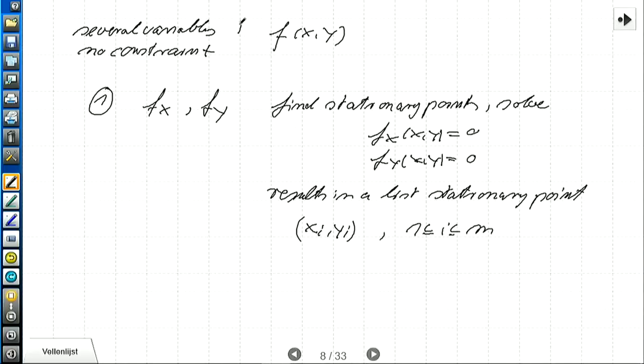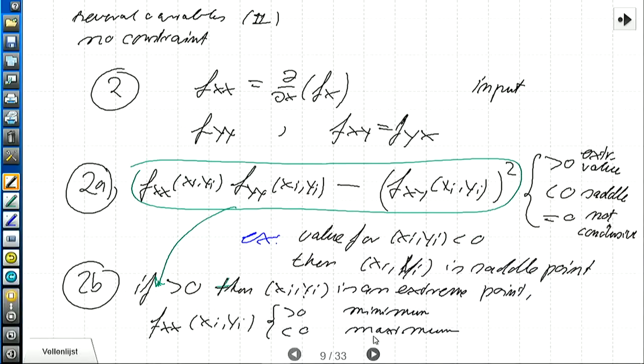This was our overall algorithm in the case that we have no constraints. So let's look at it again. I have a part one, which is finding stationary points. And you recall it's always about stationary points. That can give you a list of candidates. Maybe one, maybe two, maybe three. Once I have that list, those candidates have to go into a more detailed, so to speak, selection round.